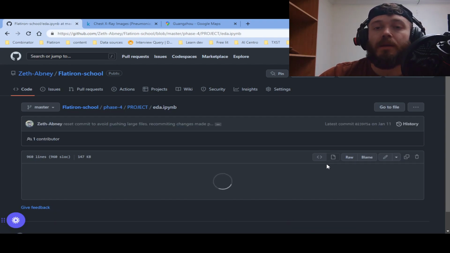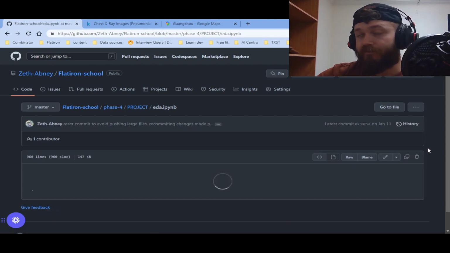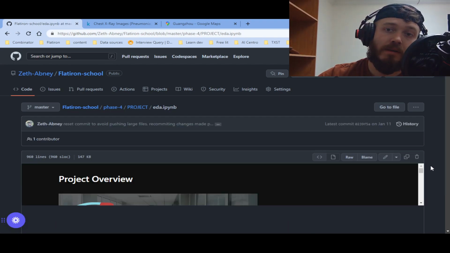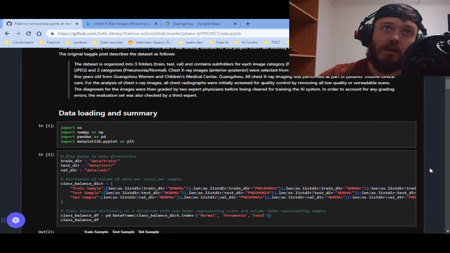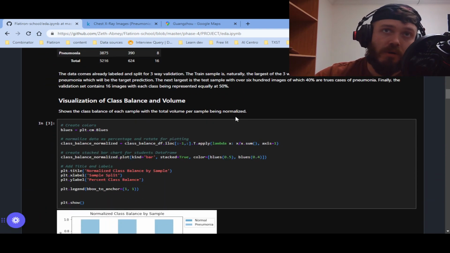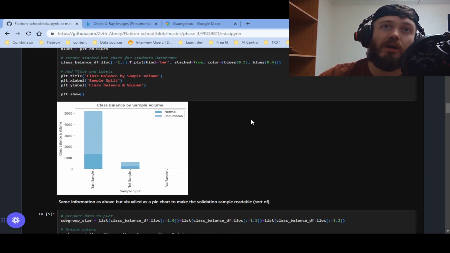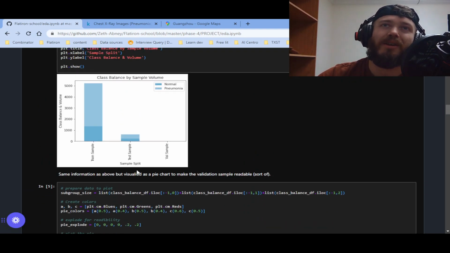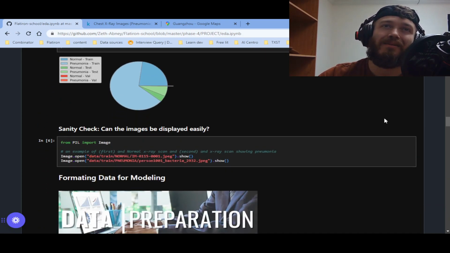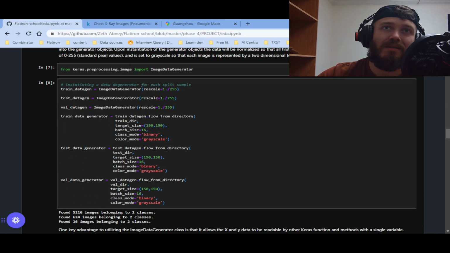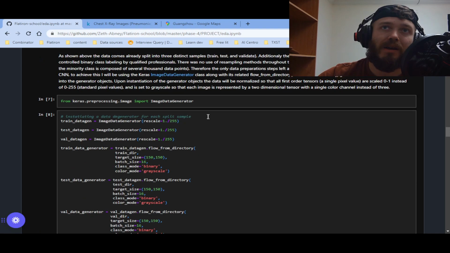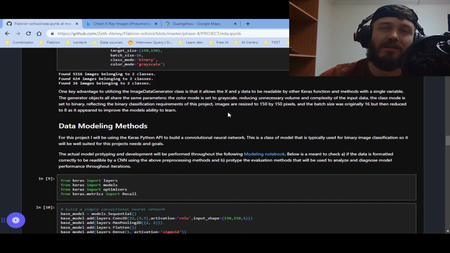I made a Jupyter notebook, and I familiarized myself with the data set and got some of these plots made. Here's another example of how you just can't see the validation set. And here's how I'm instantiating the data.